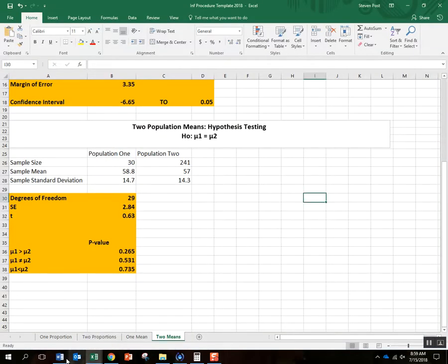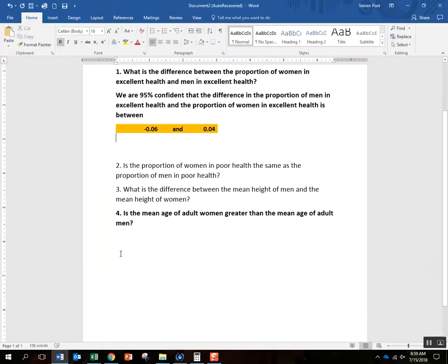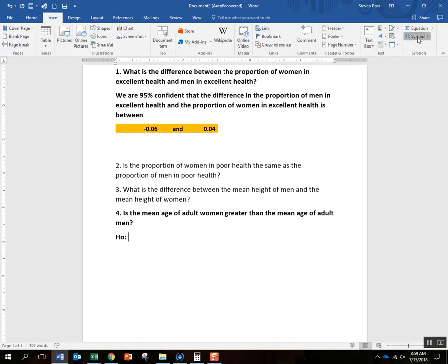So first of all, if we're going to do a hypothesis test, let's state our null and alternative hypotheses. Our null hypothesis would be that the mean age of men is equal to the mean age for women.